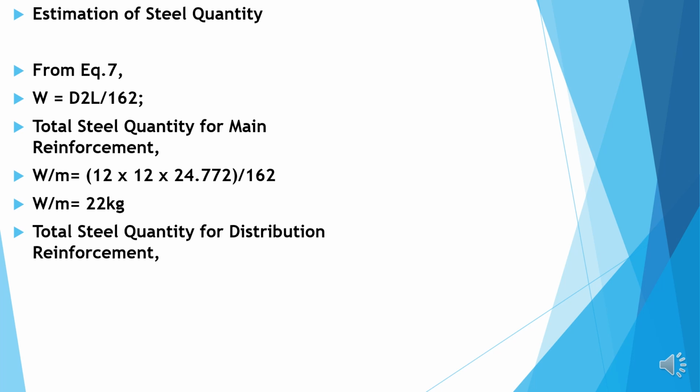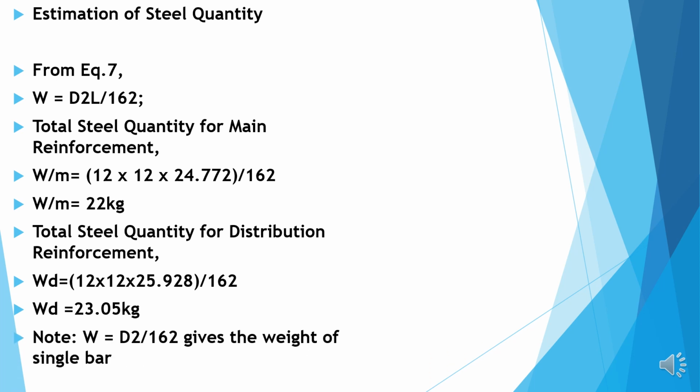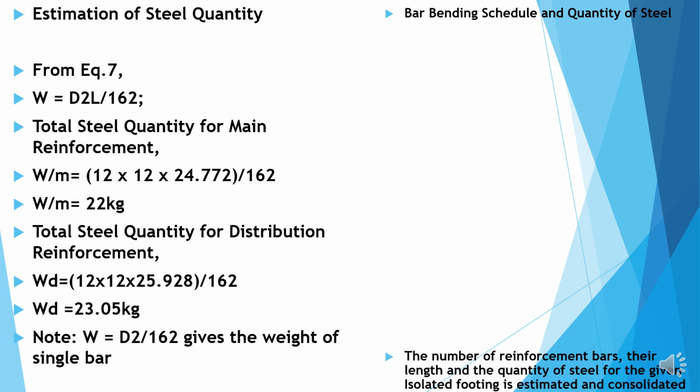Total steel quantity for distribution reinforcement, 12 square into 25.98228 divided by 162 is equal to 23.05 kg. Note, W is equal to D square divided by 162. 162 is the weight factor of the reinforcement bar.